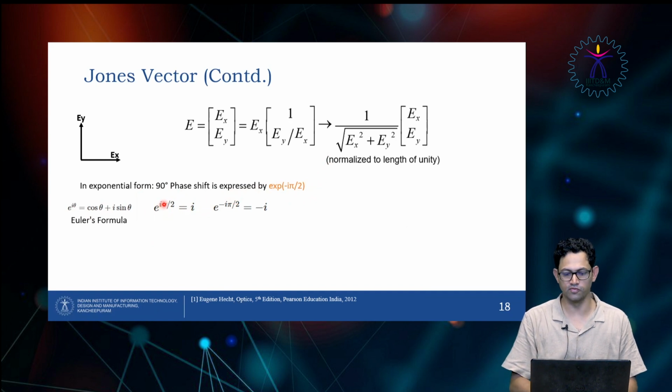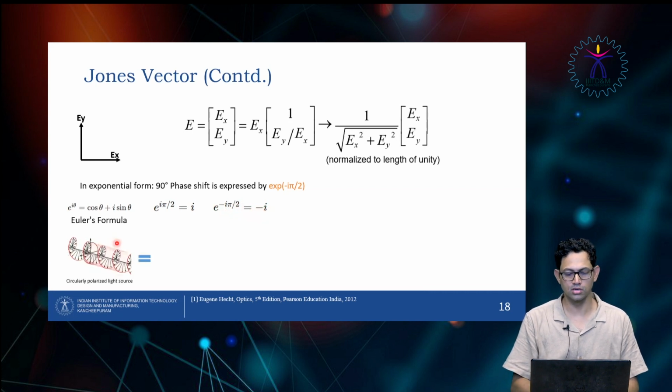In the case of a positive phase shift it's plus i, and in the case of a negative phase shift of 90 degrees, it's exponential of minus i pi by 2. If you calculate it out, exponential of plus i pi by 2 is i, and exponential of minus i pi by 2 is equal to minus i.